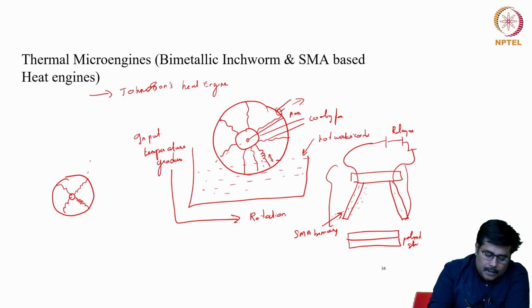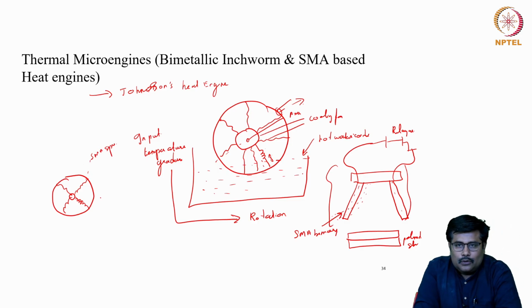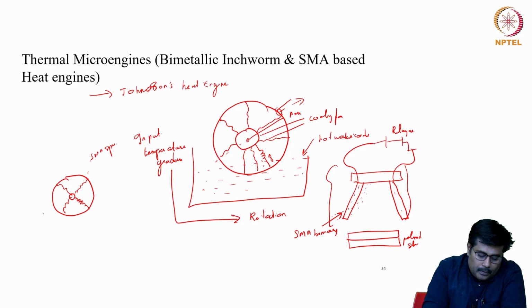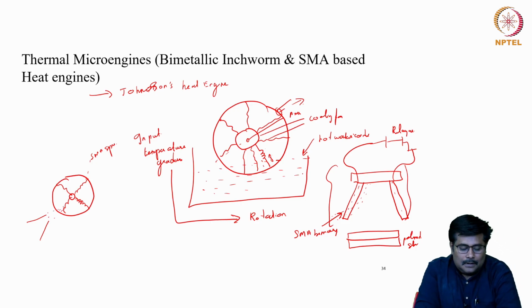This is a kind of SMA spring. This SMA spring is connected to a roller. Now, we have a focused air stream which is made to hit this particular surface.